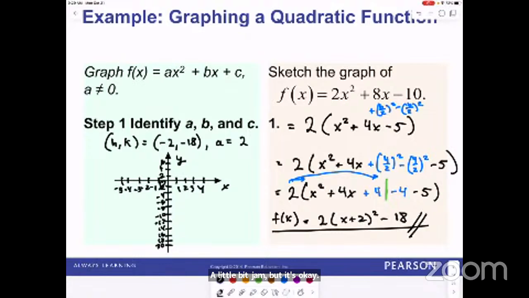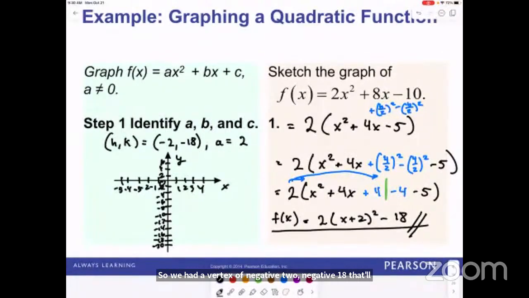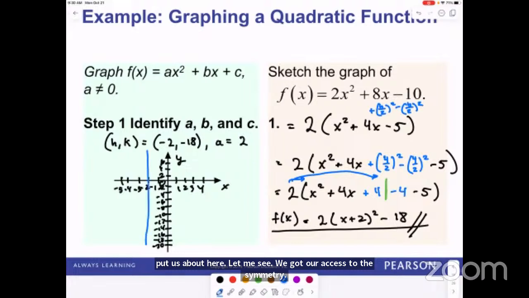So we had a vertex of -2, -18. That'll put us about here. Let me see. We got our axis of symmetry. So that's snapped into the grid.